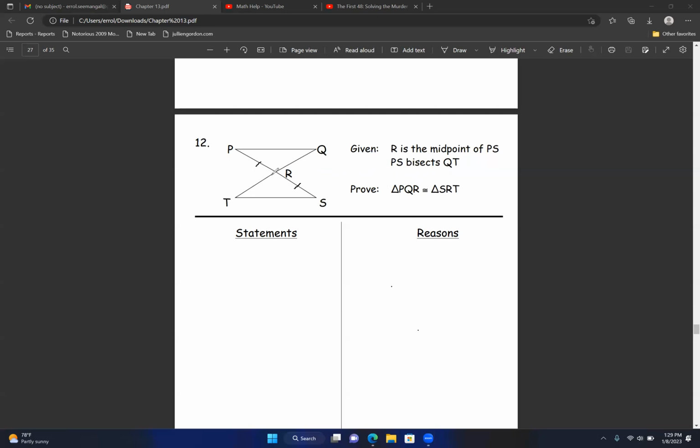PS, where's PS? This diagonal bisects this diagonal. So what does that mean about these angles? Are they the same? They're the same, yep. So this is the same as this. Okay, what else can we say?